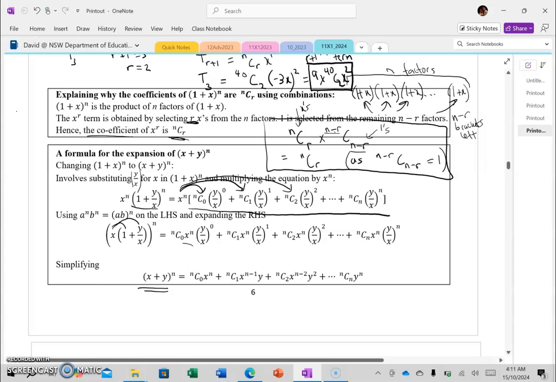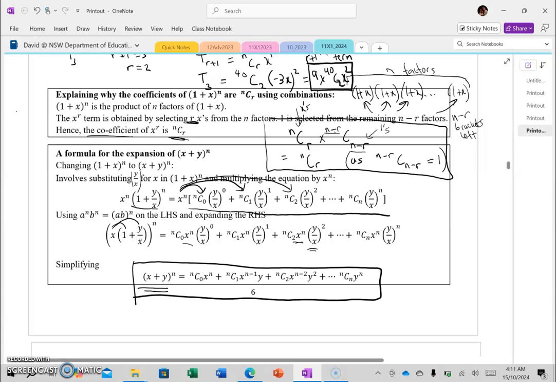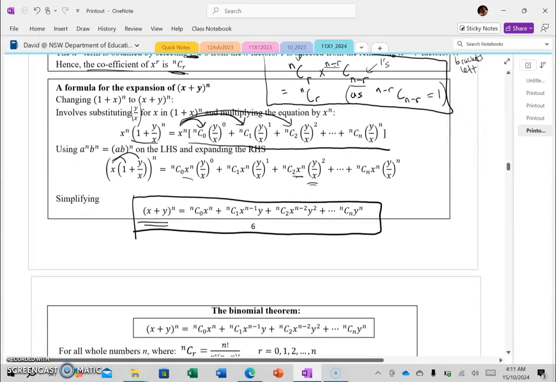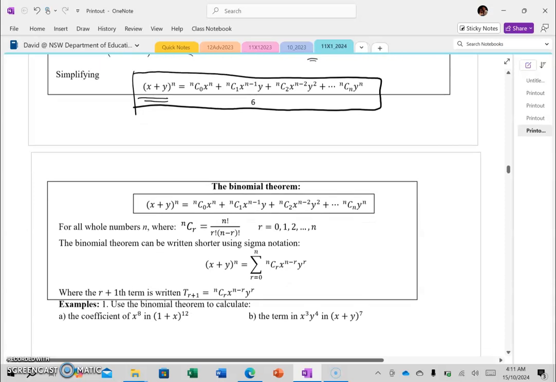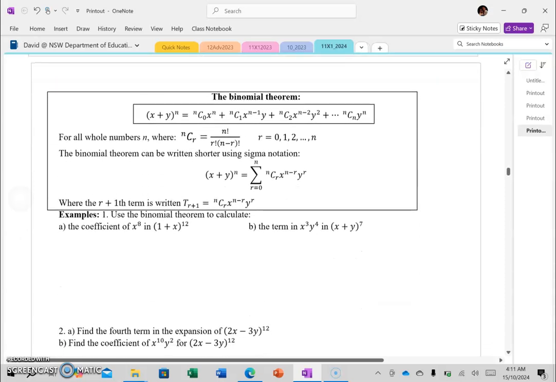This one here is x to the n on x, which becomes x to the n minus 1. You can see the powers are going to reduce by 1. Expanding here, that's going to reduce to n minus 2 and so forth. So we get this expression which represents the expansion of x plus y to the n, and that has a special name. That's called the binomial theorem. So the expansion of x plus y to the power of n is called the binomial theorem.